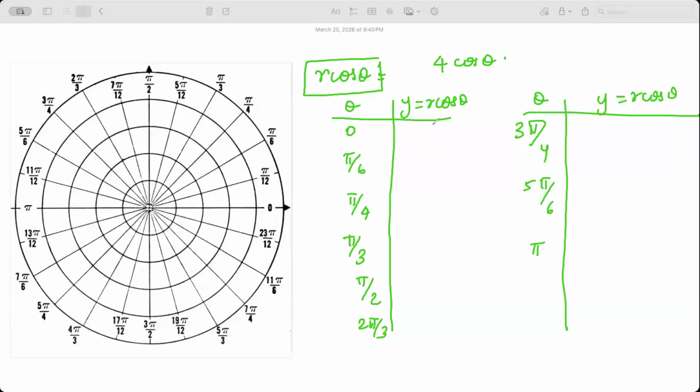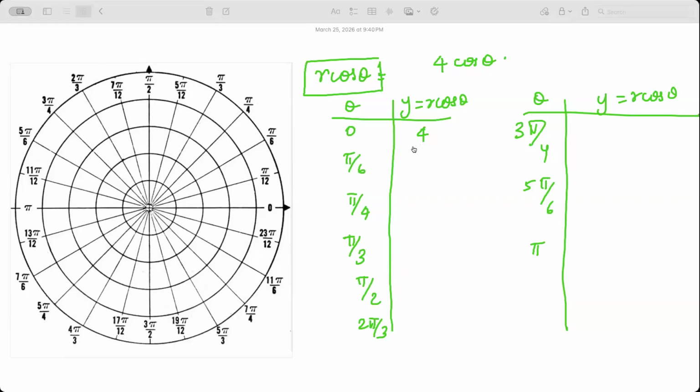What will be the value here? You are going to help me, guys, with each value. 4. I'll do it as a decimal, guys. Then 4 cos, I'm going to plug in the theta values there.